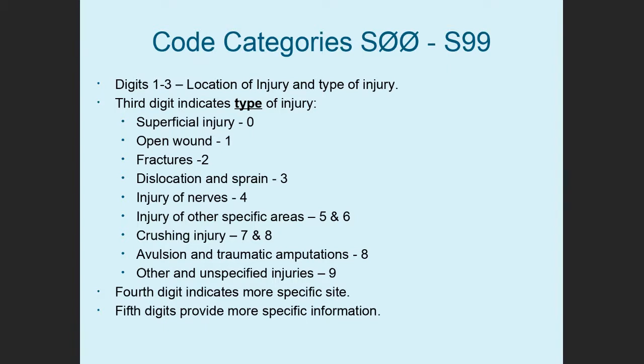Avulsion and traumatic amputations is 8, and other and unspecified injuries is 9. The fourth character indicates a more specific site, right, left, that kind of thing. And the fifth character provides even more specific information.